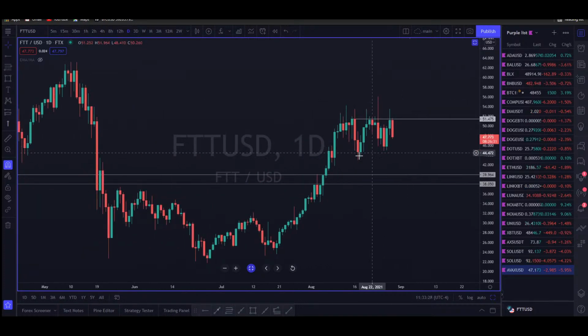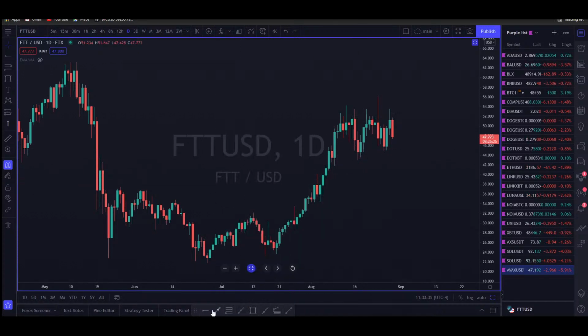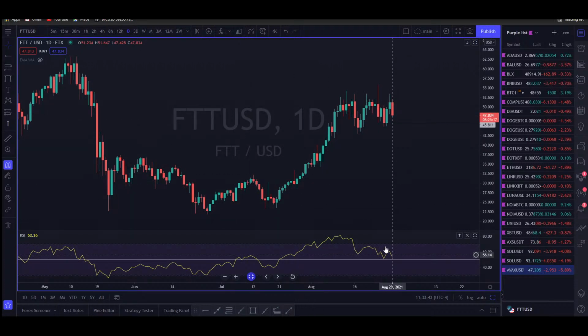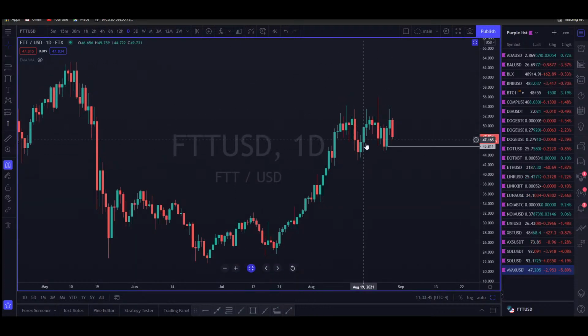But you've got support levels down below you. Three different price points, three different places where you can possibly find support. So I wouldn't be wanting to short this asset, mainly because you're probably still above the 50. Yeah, you are. So you're still bullish. But here are your support levels.